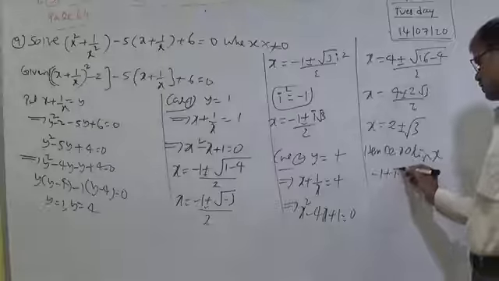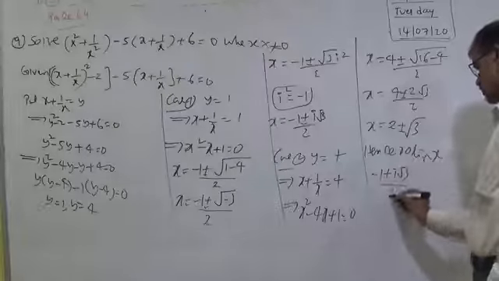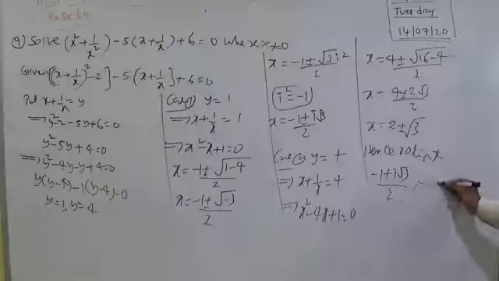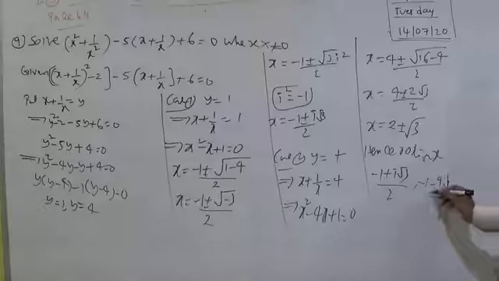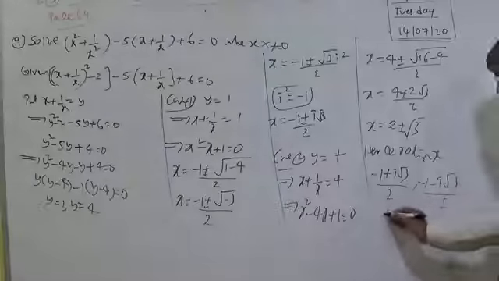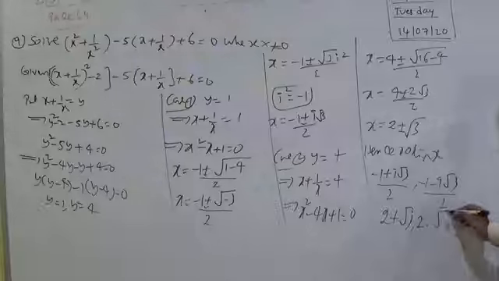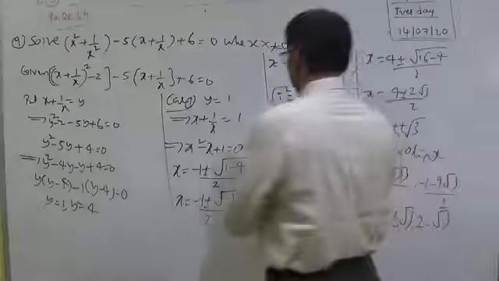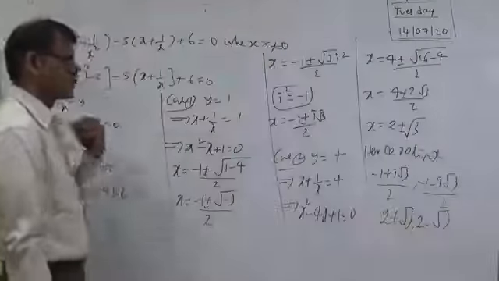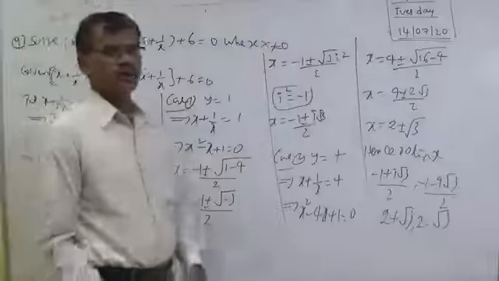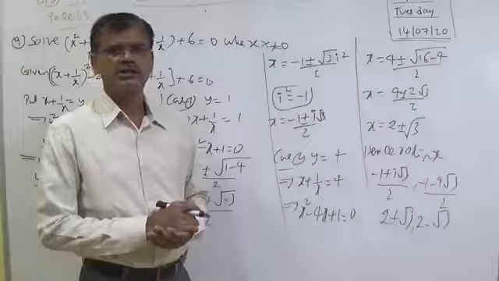minus 1 plus i root 3 by 2, minus 1 minus i root 3 by 2, and these are reciprocal, and 2 plus root 3, 2 minus root 3. We can understand using the discriminant and the nature of roots.